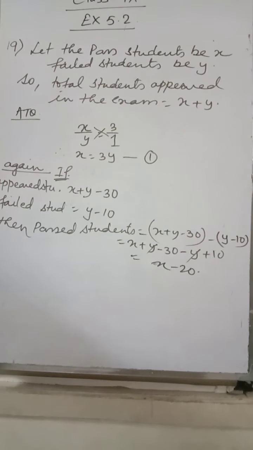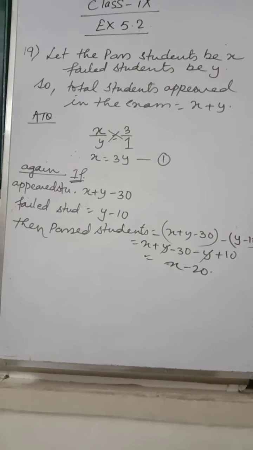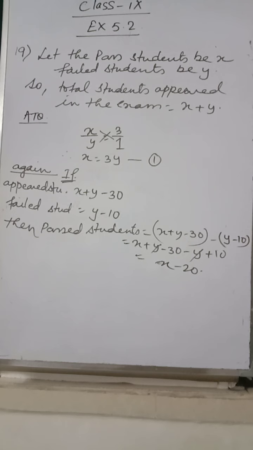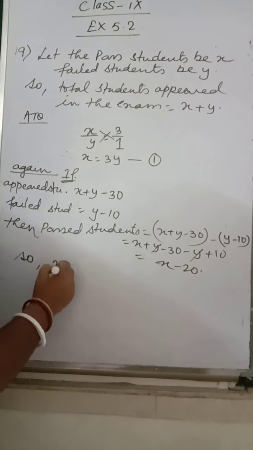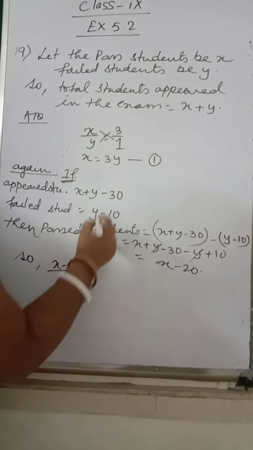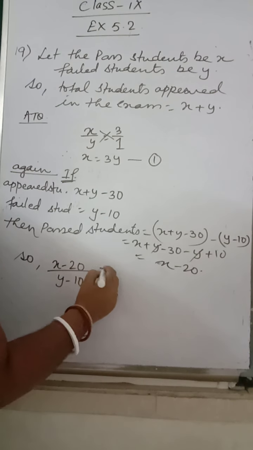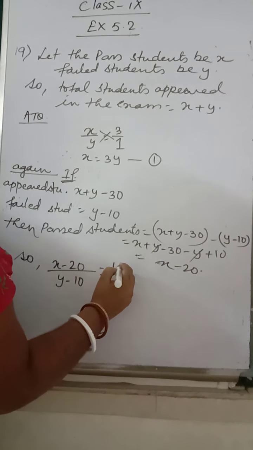This you have to apply the mind. Because they have told you if 30 less appeared and 10 less failed. So appeared was x plus y minus 30. Failed was y minus 10. So what would be the passed students? x minus 20, because the new ratio is given for passed and failed. So the ratio becomes passed to failed, x minus 20 by y minus 10, is equal to 13 by 4. 13 is to 4 they have given.